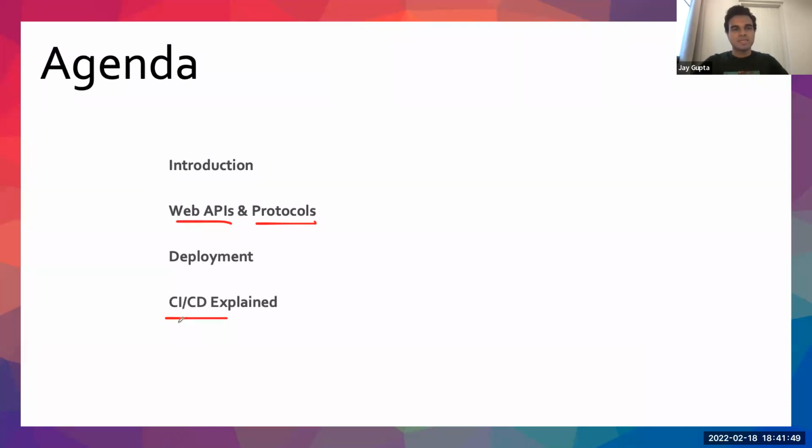CI/CD basically stands for continuous integration and continuous deployment. It is a very important concept when it comes to deployment because we can basically fuse these two things together, which is deployment and CI/CD, to build a pipeline. And based on this, we will have our first programming exercise, which will be quite short, but we will do some live coding on how we actually deploy the API that we built.